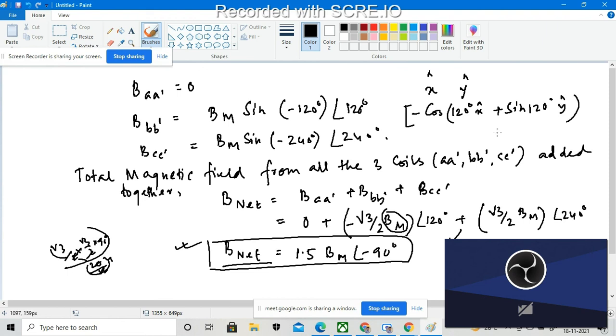And for this value, again the same thing, that will be the minus cos of 240 degree x mod, and the sine of 240 degree y mod. Then from there, what will be the value of cos 240? You have to put this in and find the value. Is it understandable?